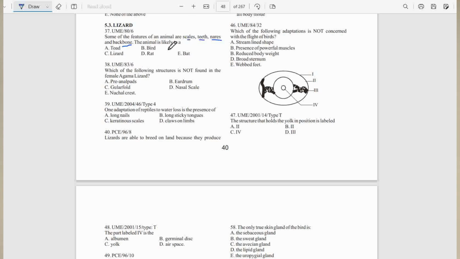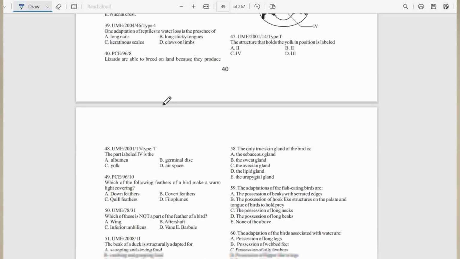Scales will mean it's either fish or reptiles, right? Now, is there fish in this option? No. So now we're left with reptiles. So that cancels option A, that cancels option B, that cancels option E, that cancels option D, and the right option will become C, which is lizard.